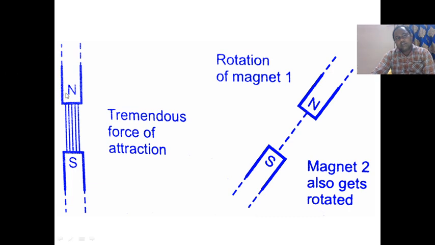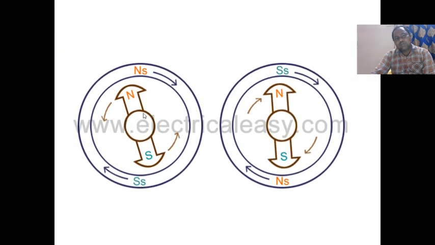Please see here, the north and south poles, unlike poles, attract each other. This is magnet 1, this is magnet 2. There is a tremendous force of attraction here. Now see here, north to north repel each other, and south to south repel each other.